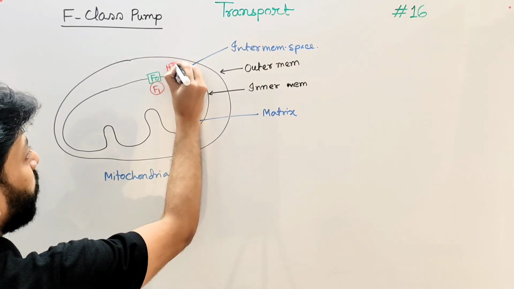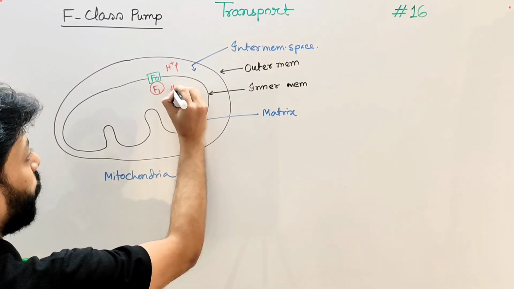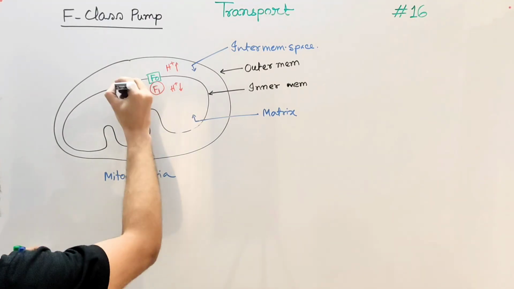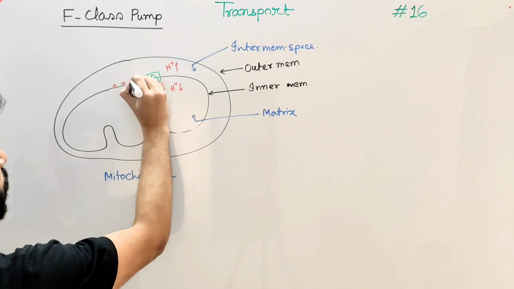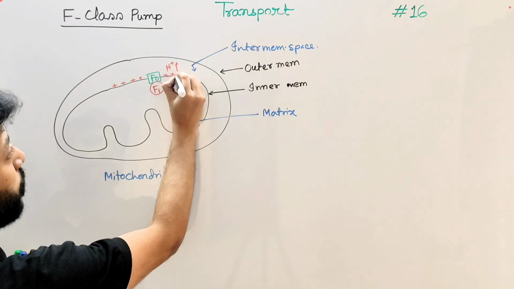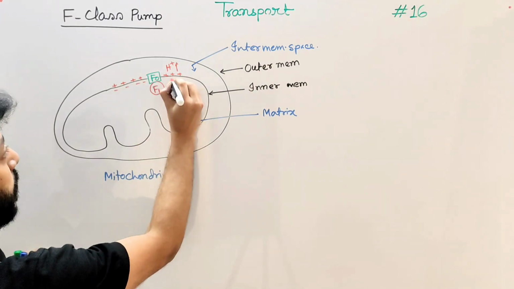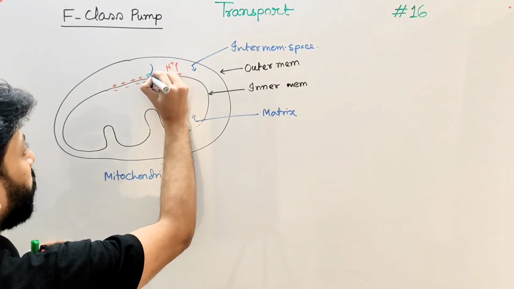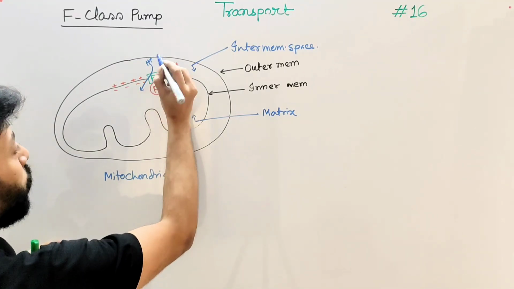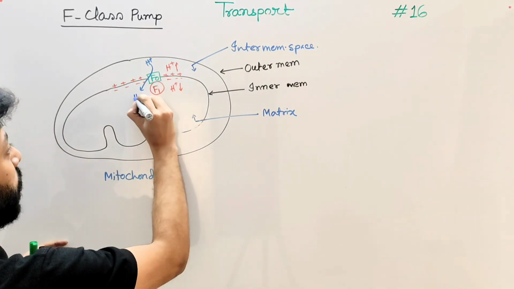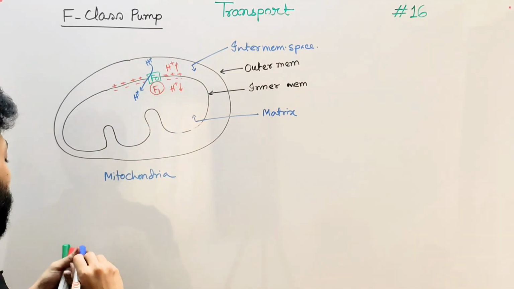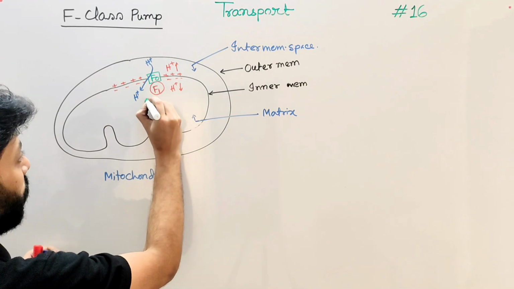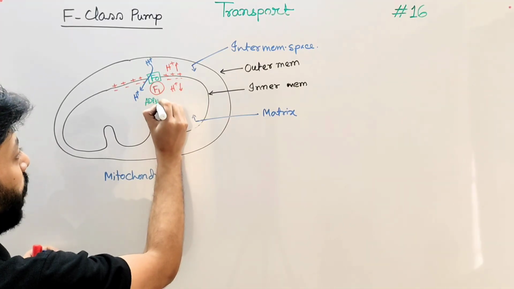So protons are high outside and low inside. And there is a charge separation, like positive ions are present more outside and negative ions are present inside. So protons are moving from higher to lower concentration, from the intermembrane space to the matrix, and by the movement of these protons, ATP is generated from ADP and Pi.